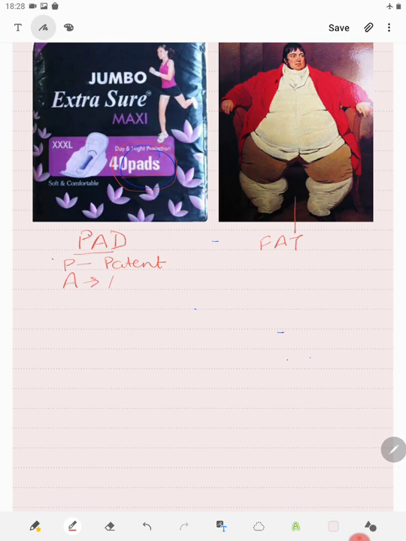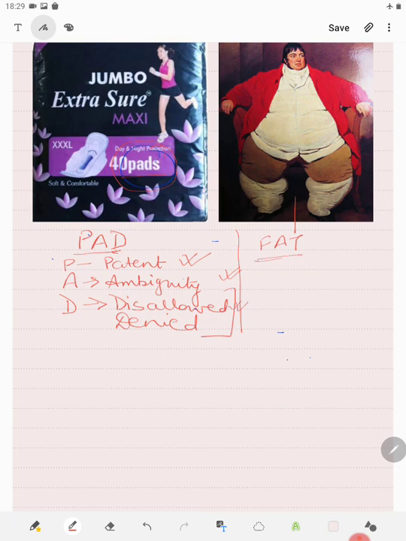A stands for ambiguity, and D stands for disallowed or denied. So always remember, many a times in prelims also this question has been asked. Always remember PAD, that is in case of patent ambiguity, extrinsic evidence is disallowed or denied.